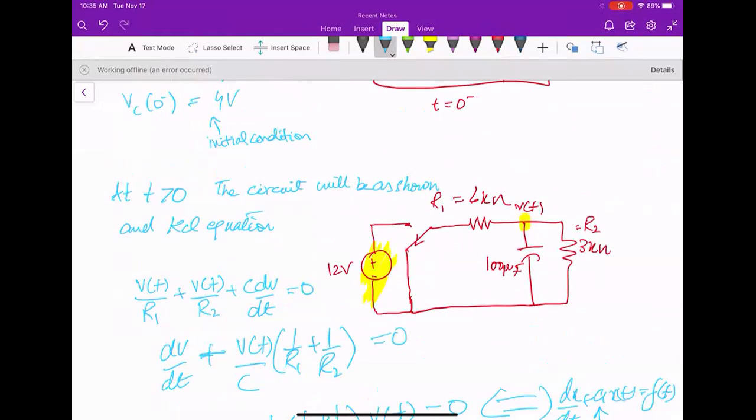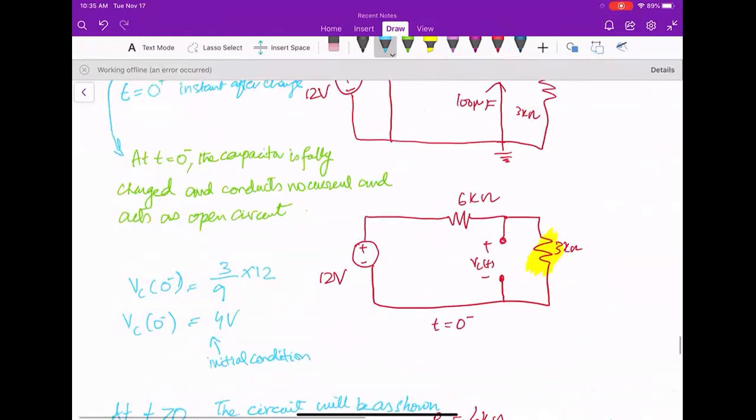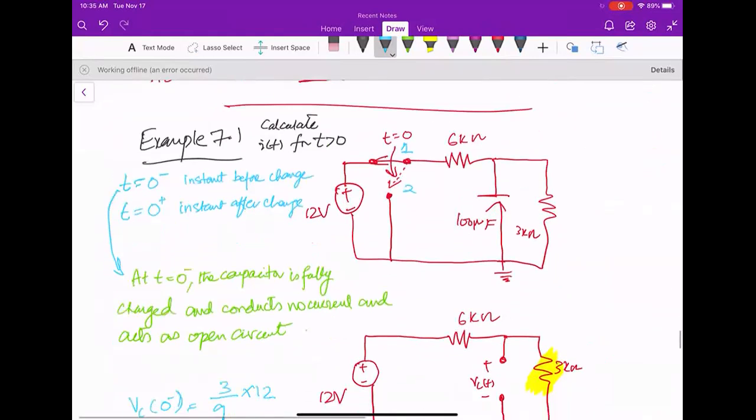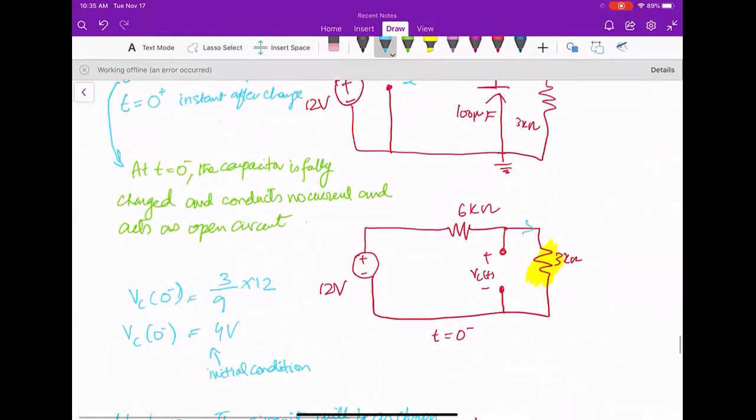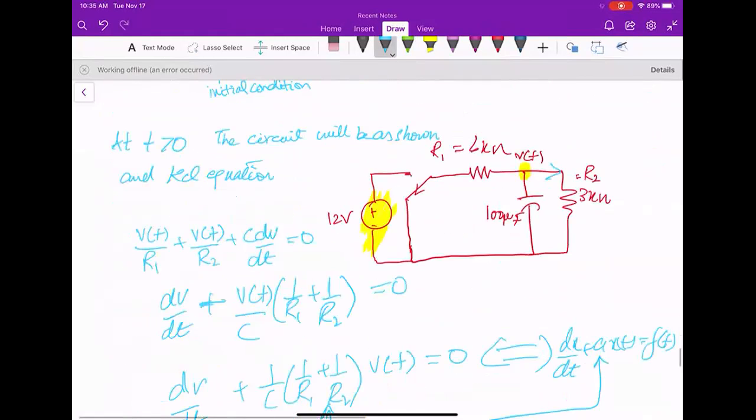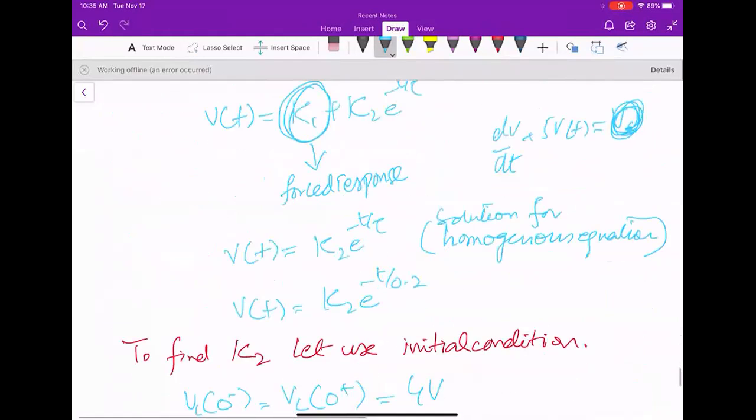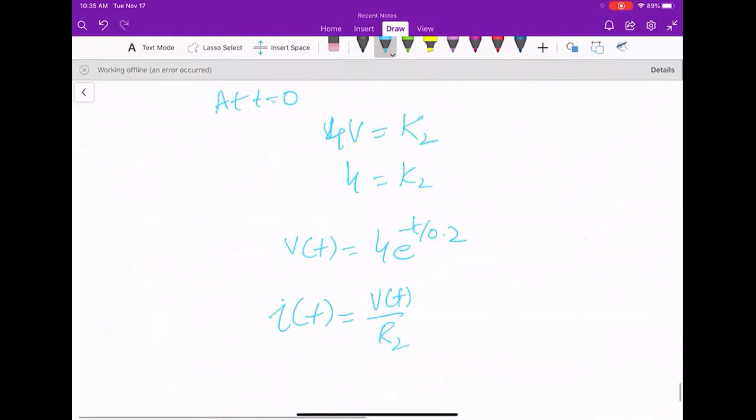Okay, one minute. So they have defined here, I think I did not. So this is your I of t in this branch. So your I of t is V of t by R2, which will be 4 by 3 e to the minus t by 0.2 milliamps. Sounds good?